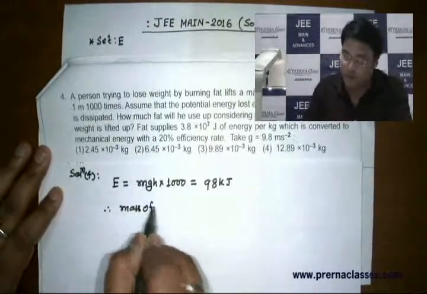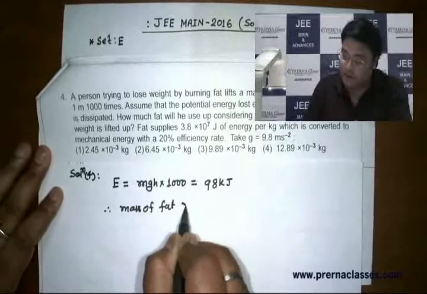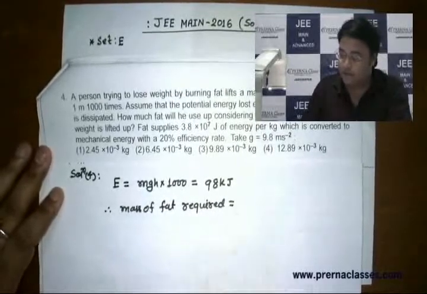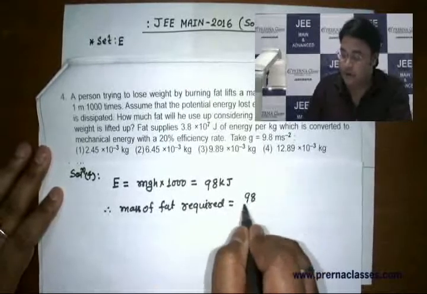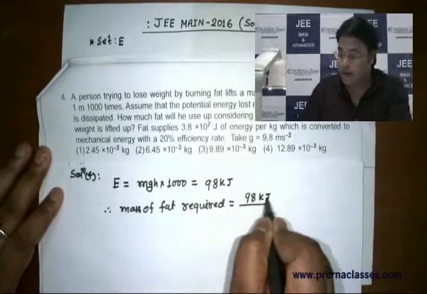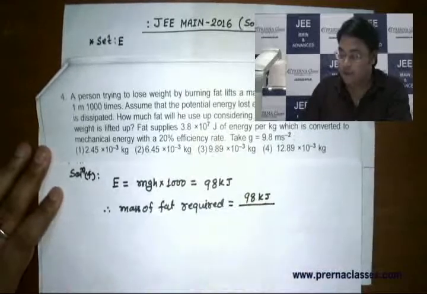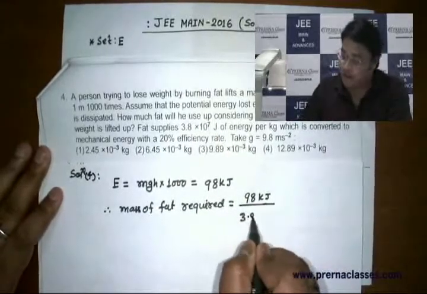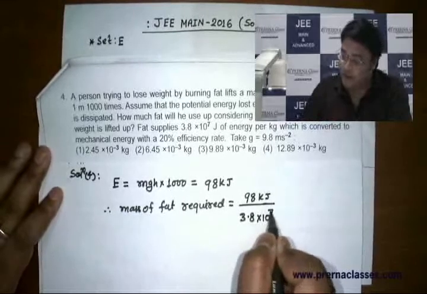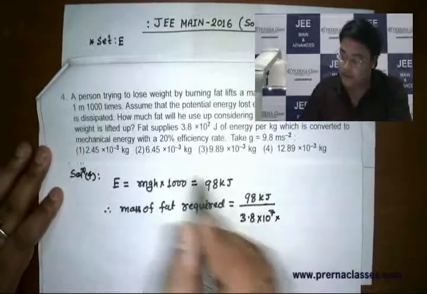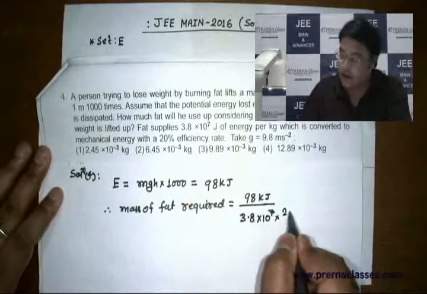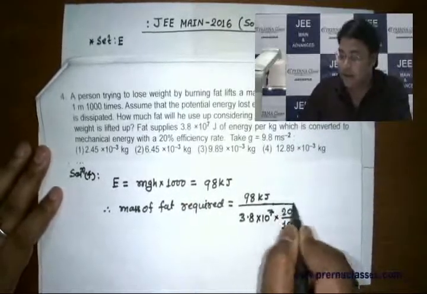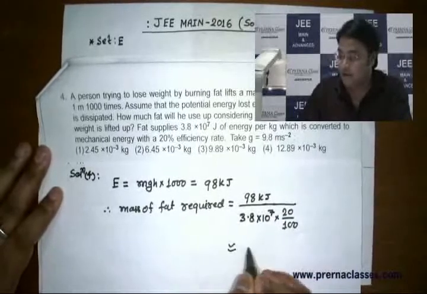So the mass of fat required is equal to the total energy required divided by the energy supplied by the fat, here 3.8 into 10 to the power 7, and since the efficiency is 20%, you take 20% of this value.